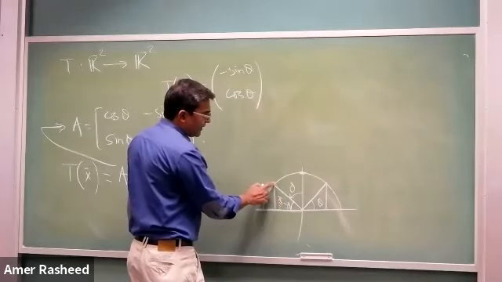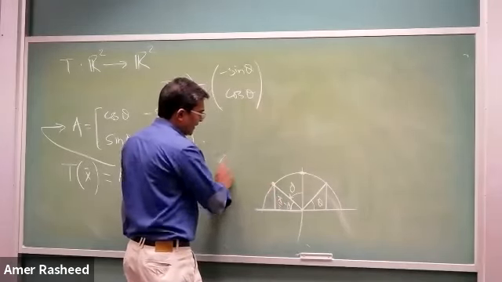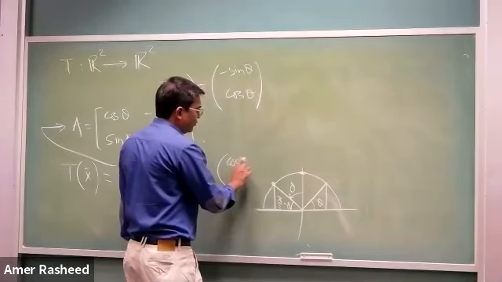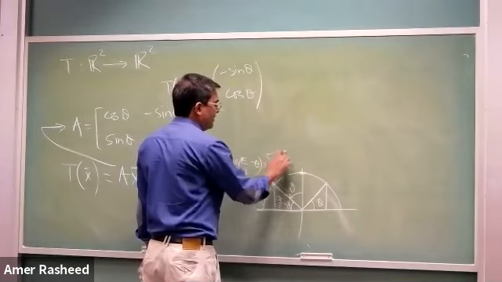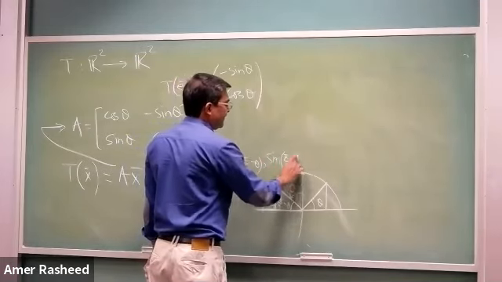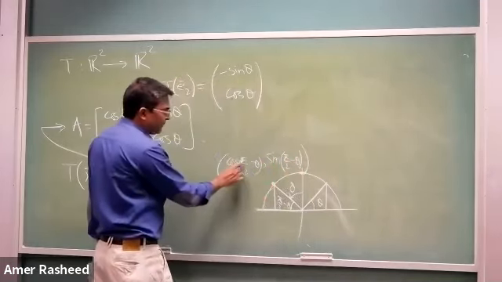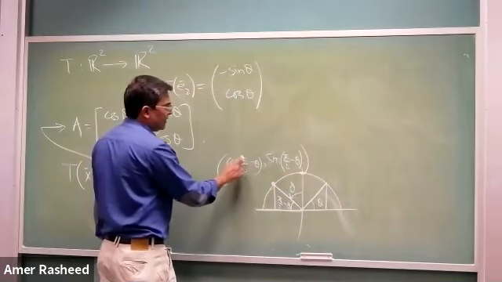So we got minus sine theta exactly how? This one is pi by 2 minus theta. अब इसके coordinates क्या होंगे? It will be cosine of pi by 2 minus theta, comma sine of pi by 2 minus theta. Okay. Cos of pi by 2 minus theta क्या होता है?